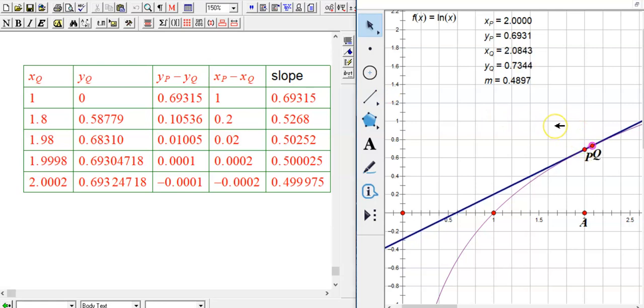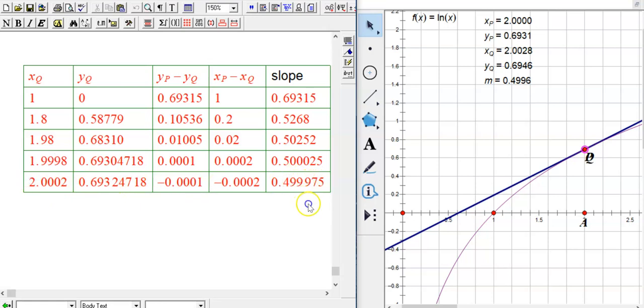If we take Q a little bit further, we always want to try and come at it from both sides. So I'm going to take Q fairly far away. Okay, it's something a little under 1/2. Then as I take Q closer and closer, notice it really is getting very, very close to a surprisingly simple number, very close to 1/2. And here I did a more careful calculation: 2.0002 gives you something that's super close to 1/2.